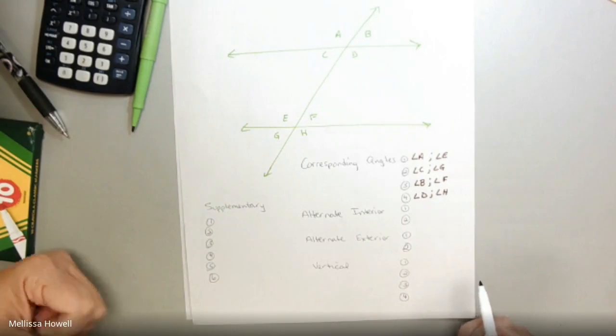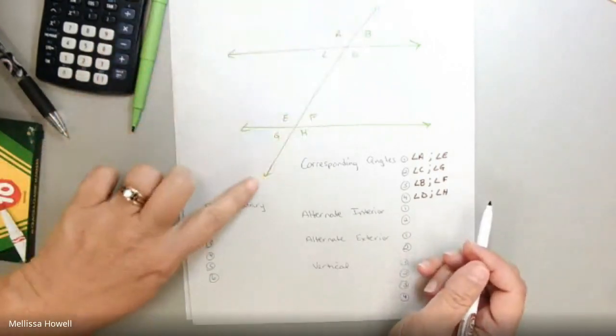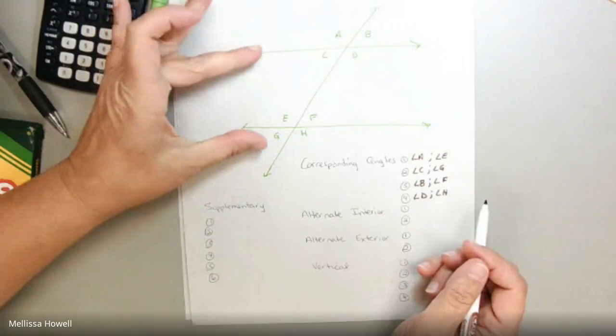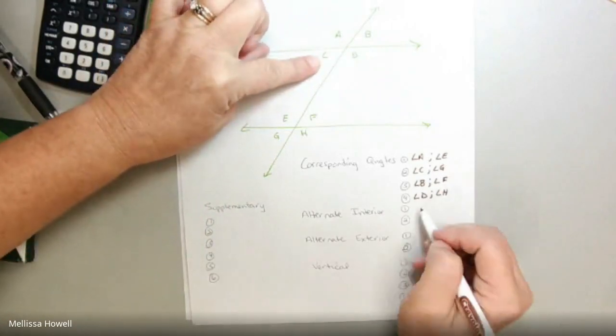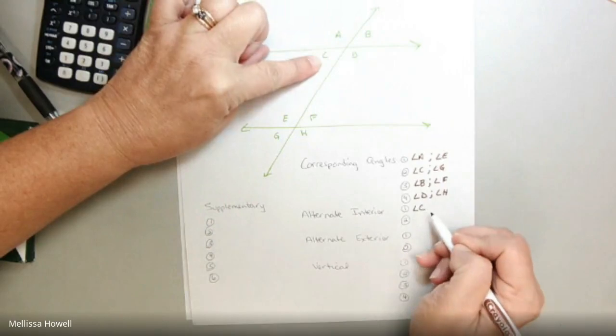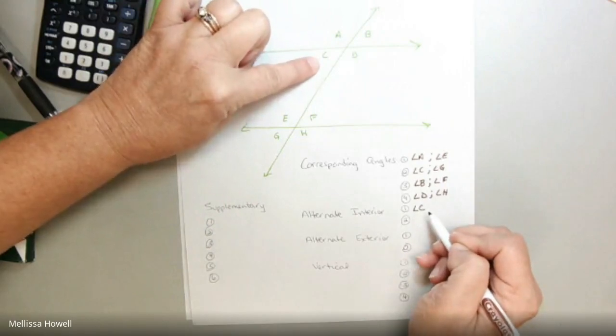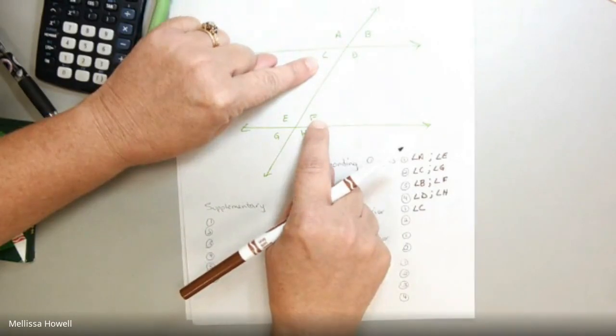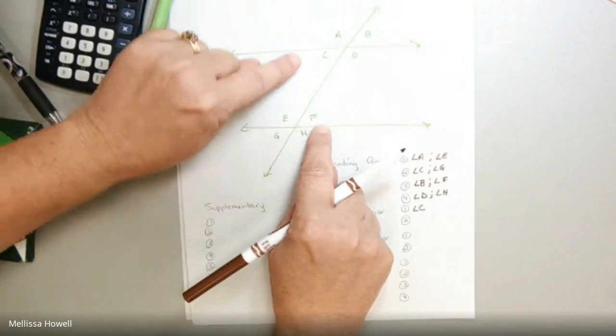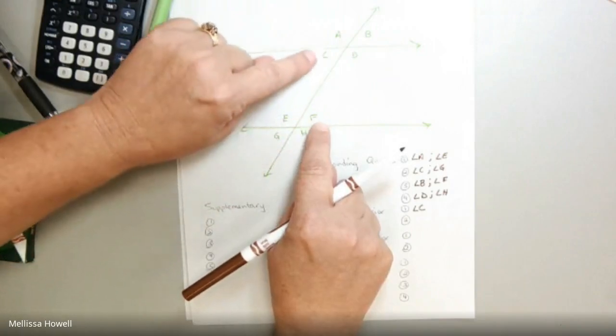Alternate interior. Alternate is on the opposite sides of the transversal on the inside of the parallel. So angle C is on the inside of the parallel. The angle that's also on the inside that's on the opposite of the transversal is angle F. If I were to take my patty paper and make a rotation, these would match.